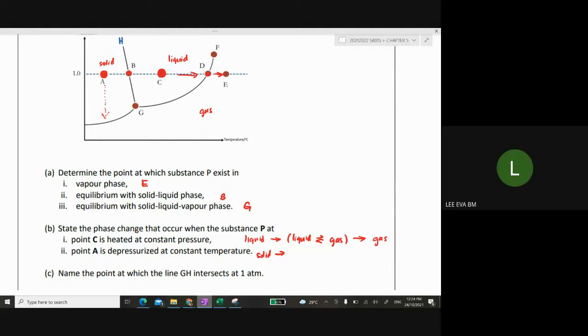So madam sudah tulis arrow dah. So macam mana? Solid? Solid liquid. Okay. Bawah sini area ni semua adalah gas. So solid to gas.